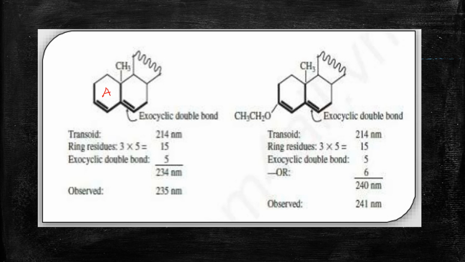This one is ring A, this one is ring B. When focusing on A, outside the ring you see it has one exocyclic. When focusing on B, outside the ring there is no exocyclic. For the conjugated system, you have to focus on the double bond outside the ring. So there is none for B. Totally this molecule has one exocyclic.